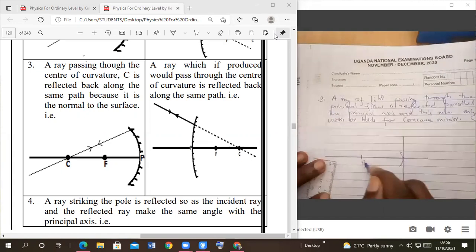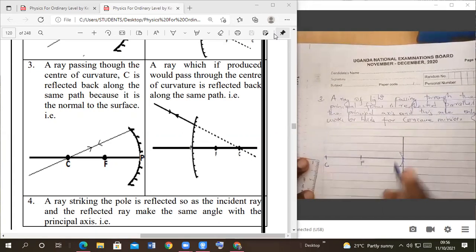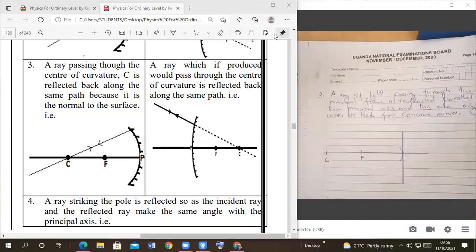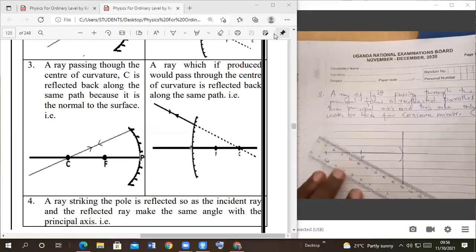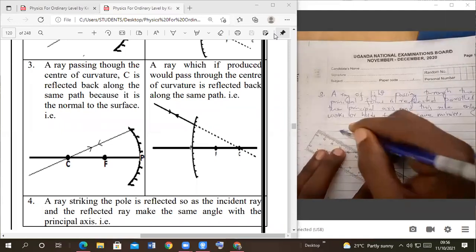This is my F, then this is my C. I told you the distance here must be approximately equal. We shall see how we are going to draw it when we come to construction of ray diagram now. So we are saying that a ray of light passing through the principal focus, like this.